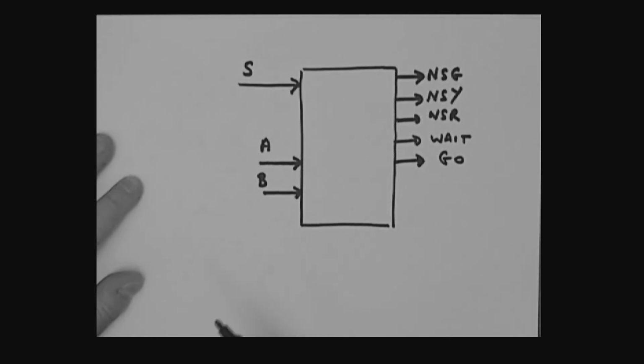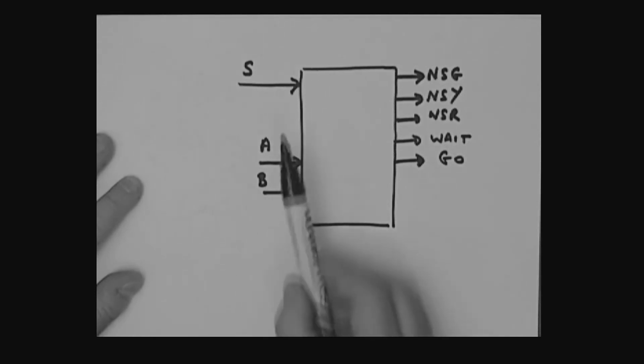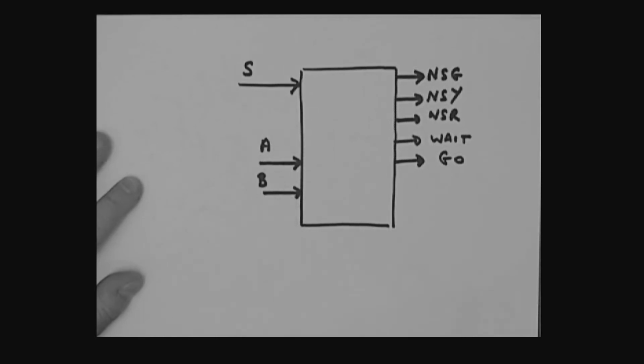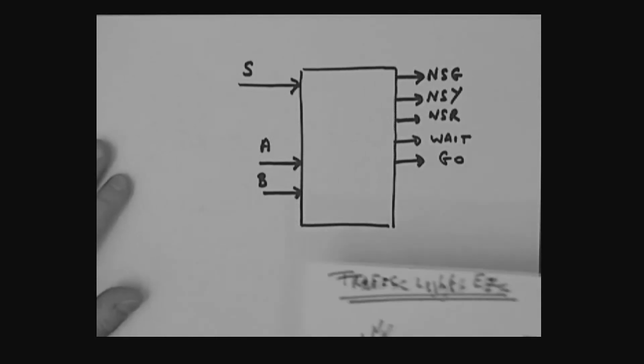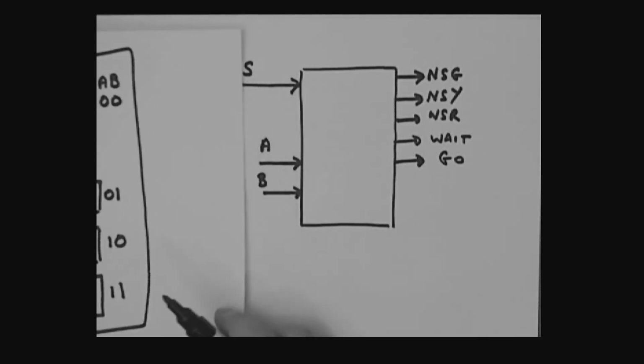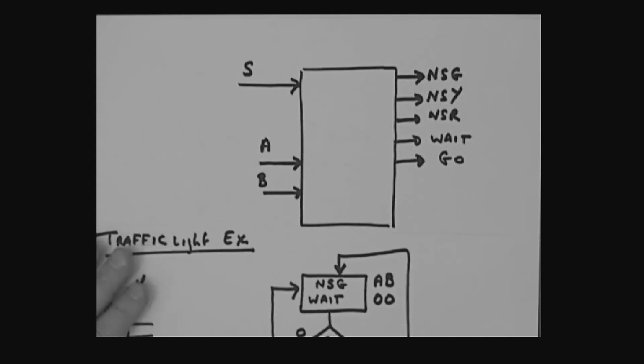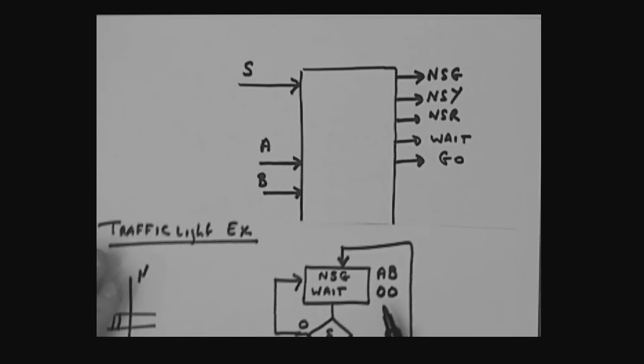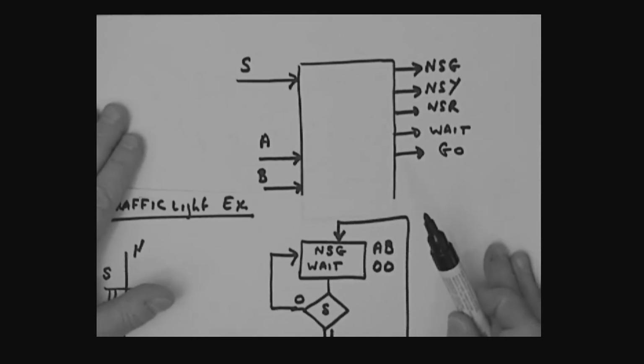So you might say, for example, if the switch is 0 and I'm in the 0, 0 condition, let me just show you over here. Let me move that up just a little bit so you can see that.